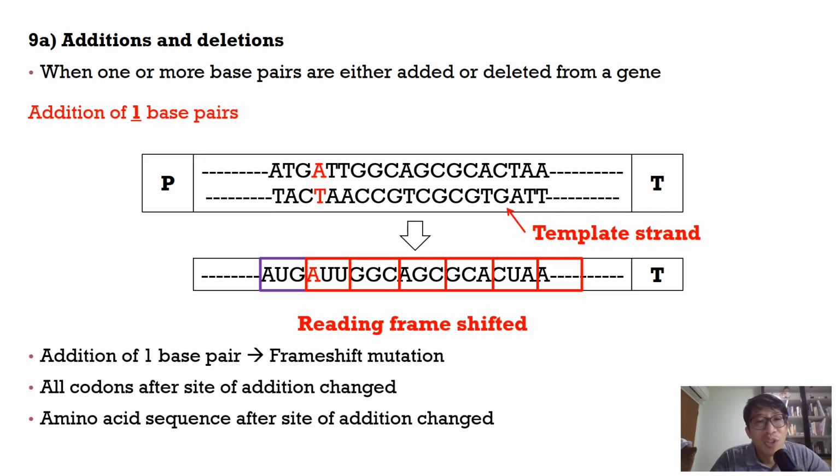If addition or deletion is in multiples of 3, then you either add 1, 2, or 3 codons, or you delete 1, 2, or 3 codons, as long as it is addition of, say, 3 nucleotides, 6 nucleotides, 9 nucleotides. But if it's not in the multiple of 3, then that would change the reading frame because the codons are read in 3s, right? And that would be frame shift if the reading frame is changed due to the addition or deletion of not multiples of 3 base pairs.